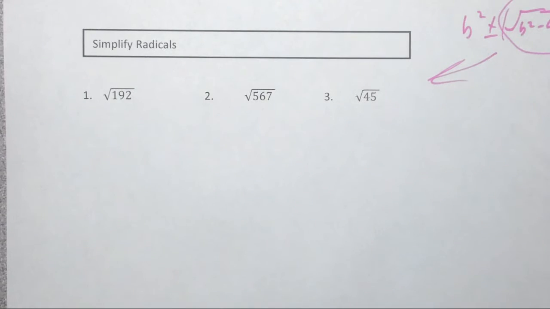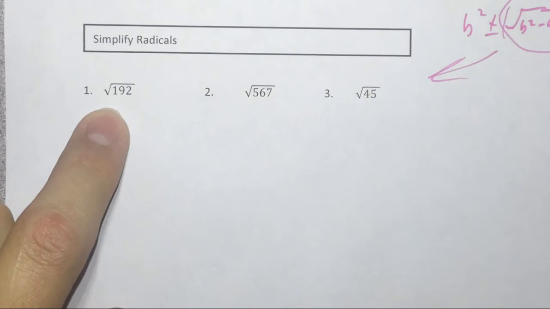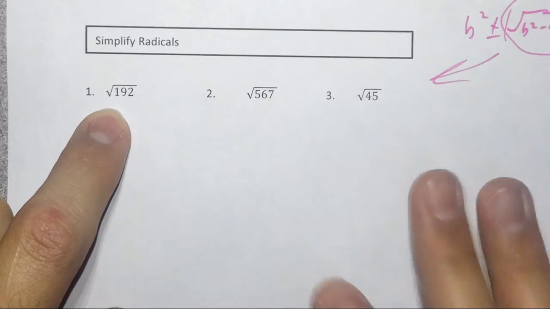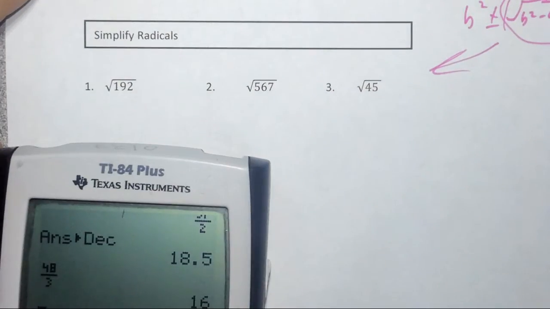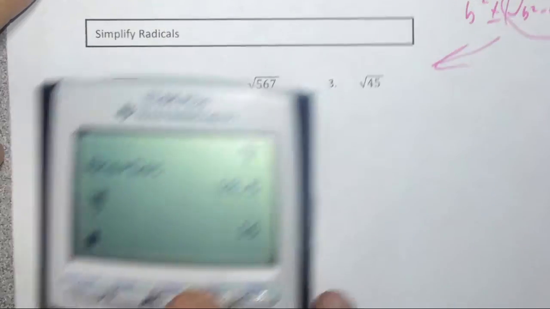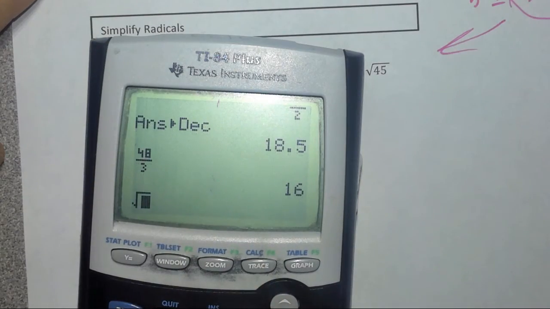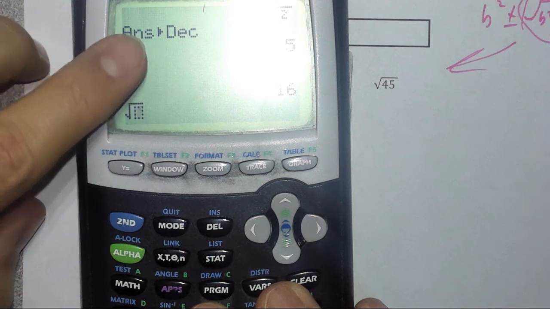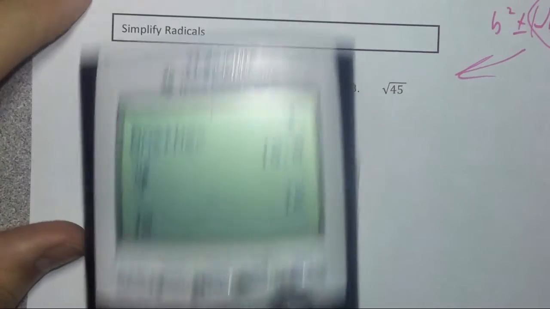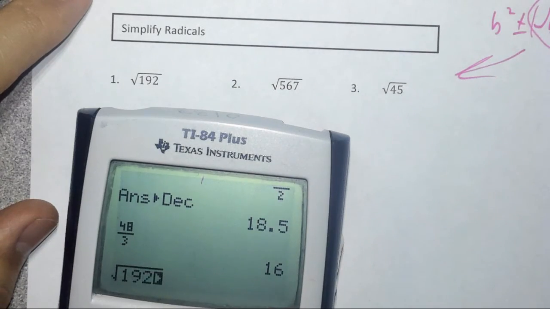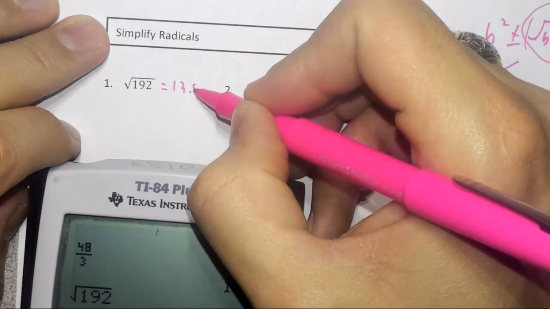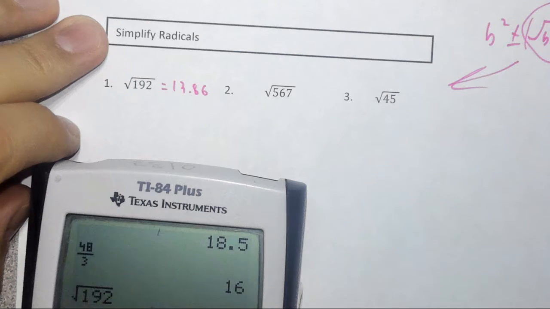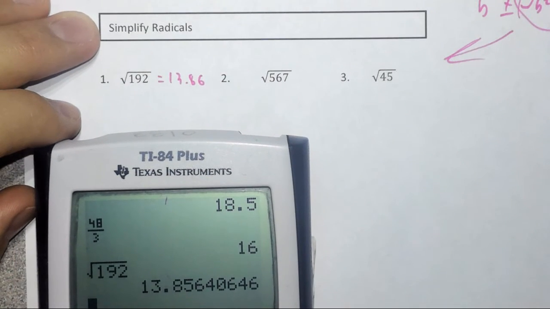Okay, I'm going to do this 2 or 3 different ways, depending on how much time I have, to get the answers to each of these. If you want to do just decimals, the decimal part of this is really easy. So we just do the square root of 192, and as you can see, it just gives us a decimal.